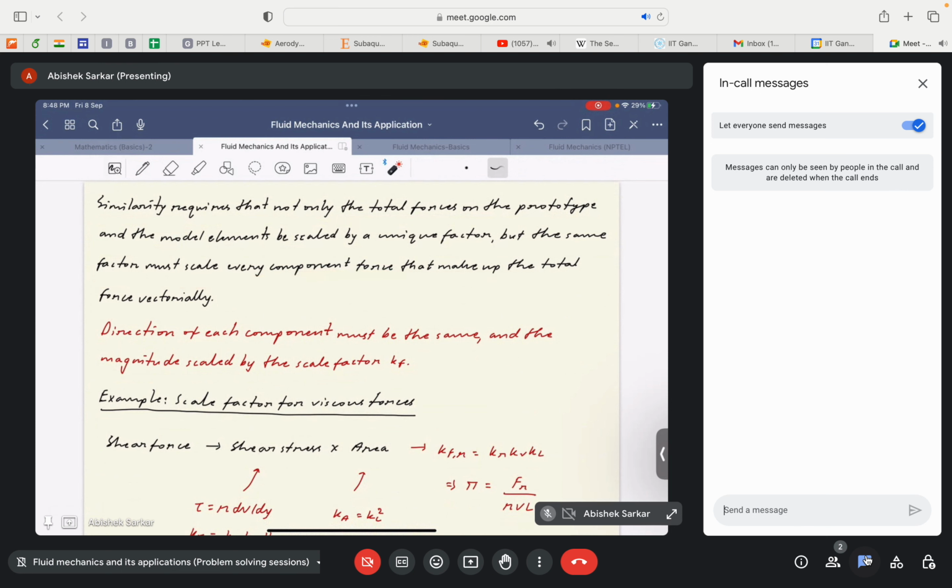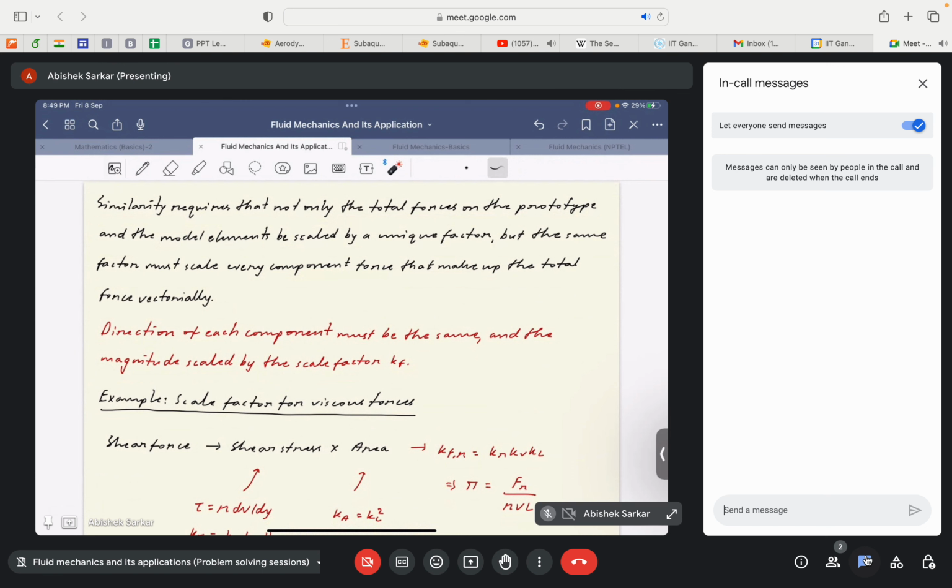So if you are trying to compare the force at a particular point in the prototype and the model, and if this force is actually the resultant of various forces that act on different points in the flow field, then these different components of the forces should also vary by the same scaling factor by which the resultant force between the prototype and the model varies.